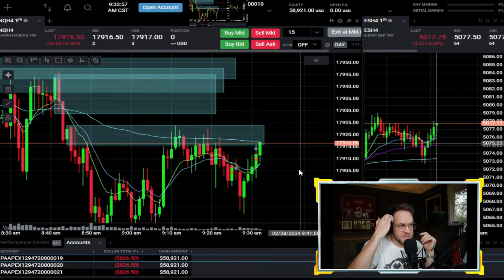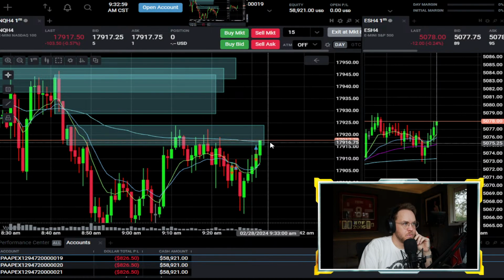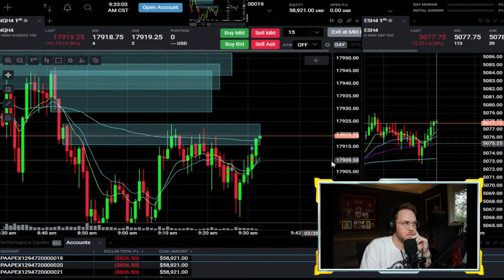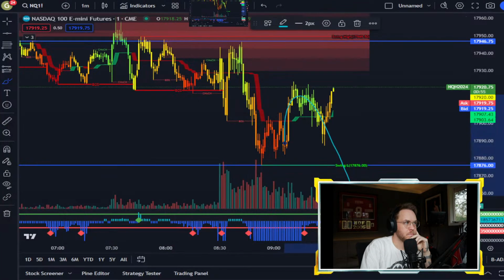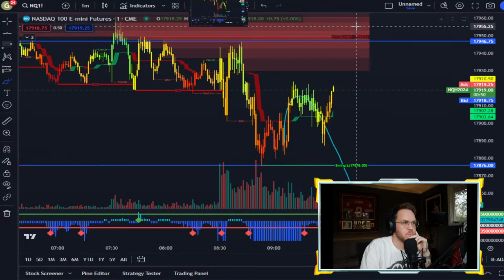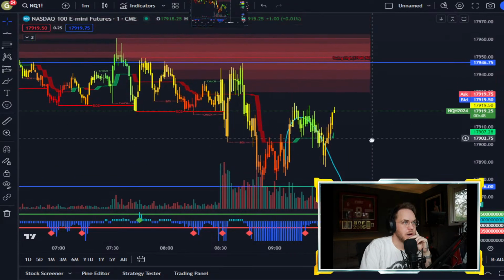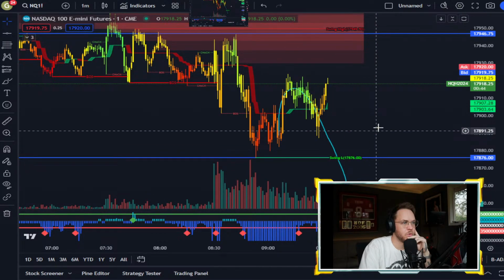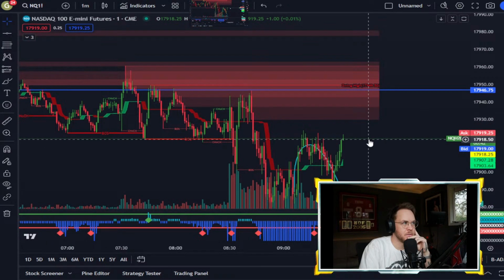I would expect us to reject off of VWAP here again, which we're kind of doing right now. Let's see if we break all the way through it. So we're not getting that move yet that I was hoping for. Buyers are coming back in.